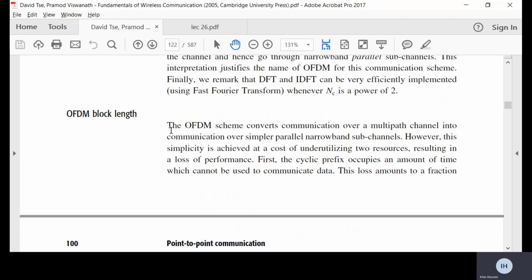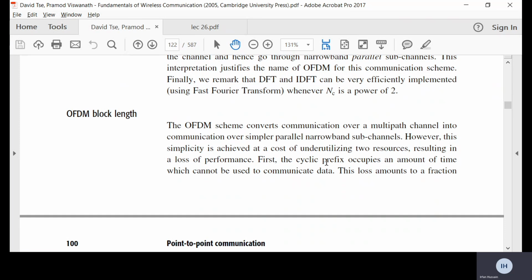Now we have seen in the last lectures that the main concept of the OFDM scheme is that it converts a multi-path channel into simpler parallel narrowband subchannels. But what is the cost?